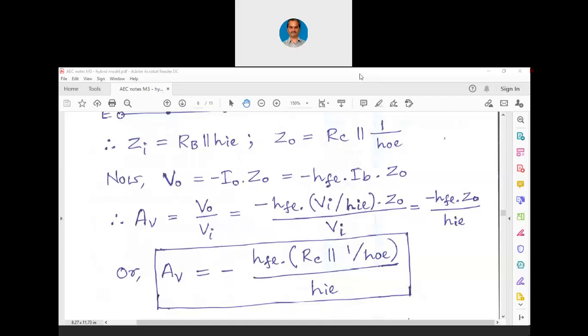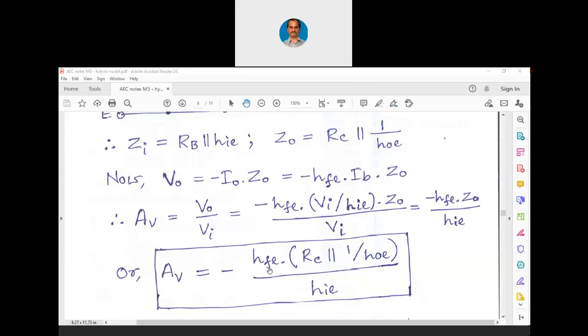Fine. You are not recalling. It was minus of capital RC parallel with small r naught divided by small re. In other words, it was minus of Z naught divided by small re.